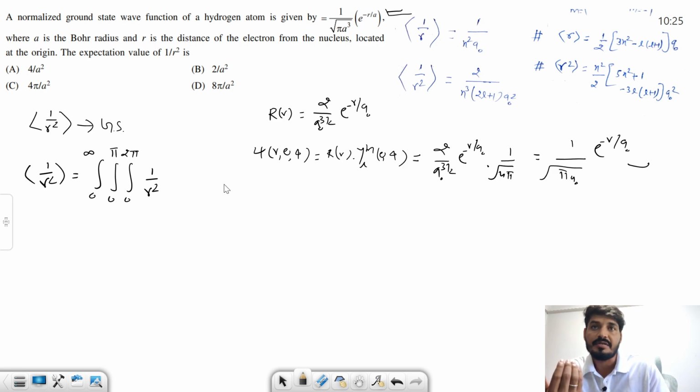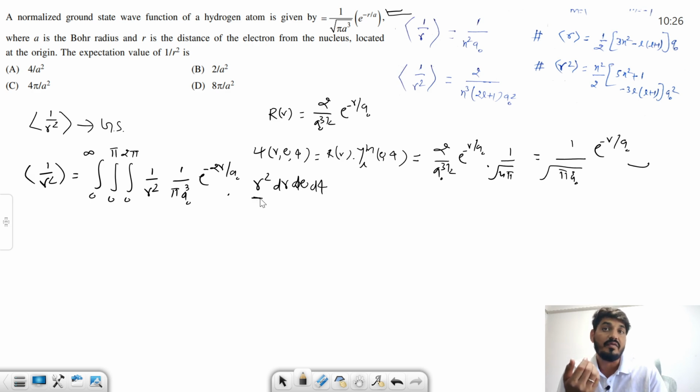So this is 1 over pi a naught to the power 3, and this is e to the power minus 2r by a naught into r square dr d theta d phi.